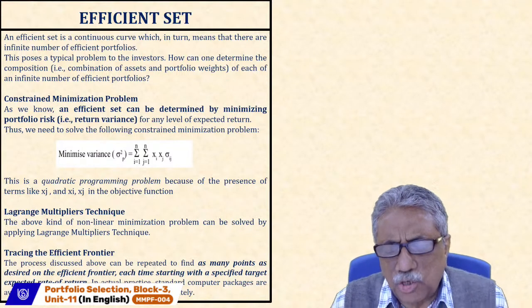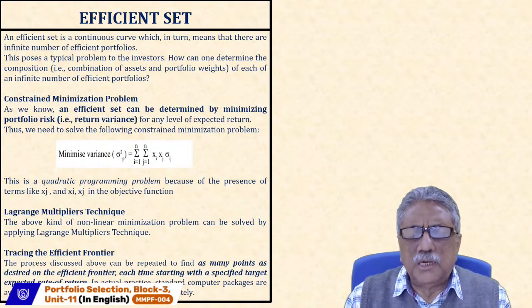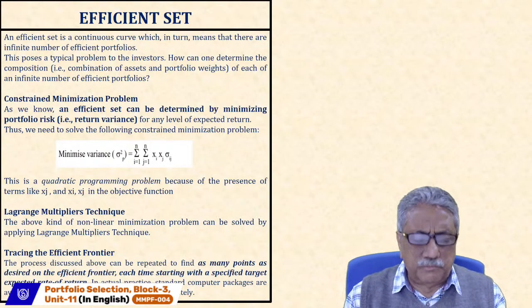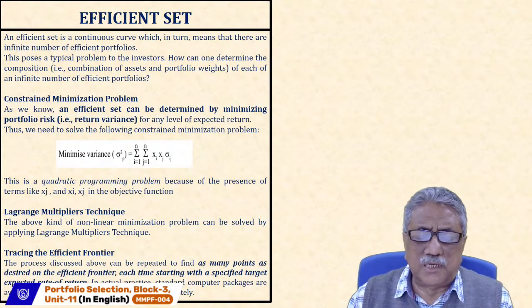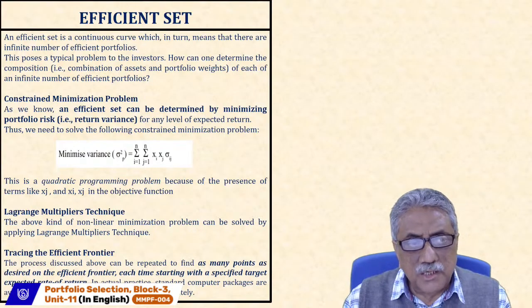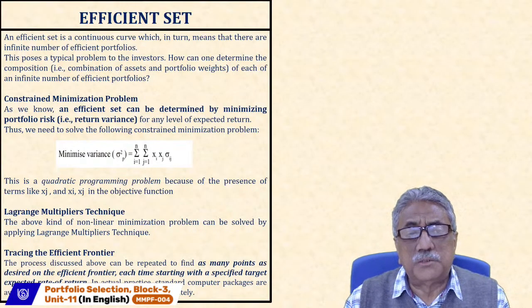To solve that, a lot of mathematical models have been discussed. As I told you yesterday, Harry Markowitz is one of the pioneers in portfolio management, and he has done a lot of work on that. One method is the constrained minimization problem.